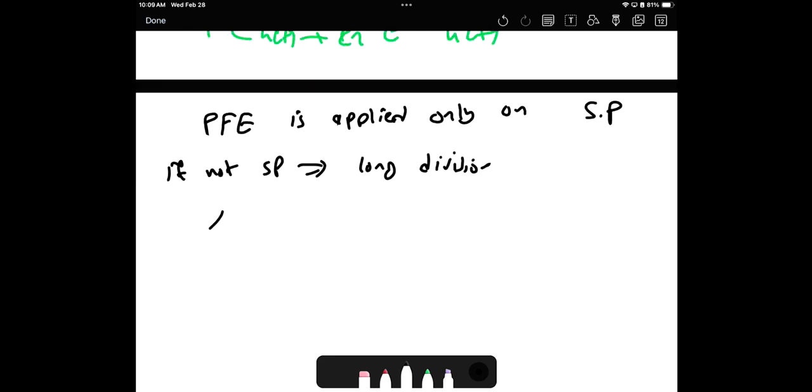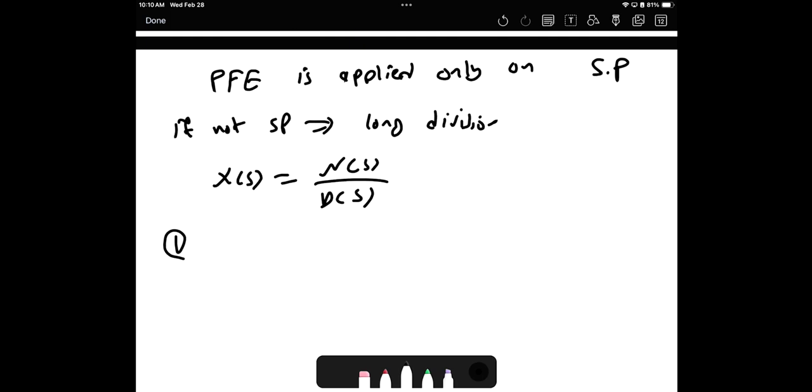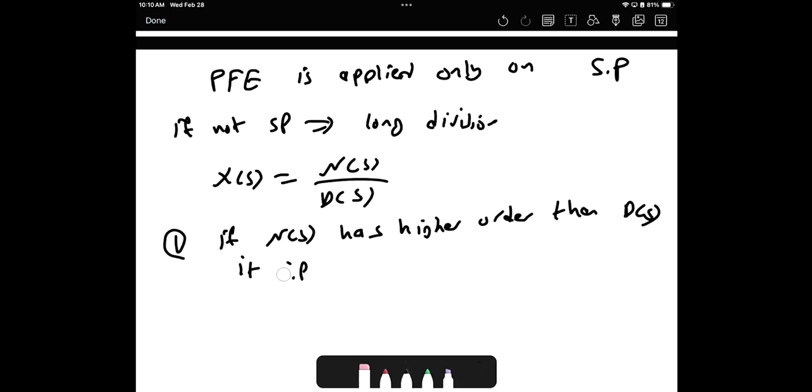So let's assume we have X of s equals N of s, the numerator, over D of s, the denominator. Case 1: if N of s has higher order than D of s, then it is not strictly proper.